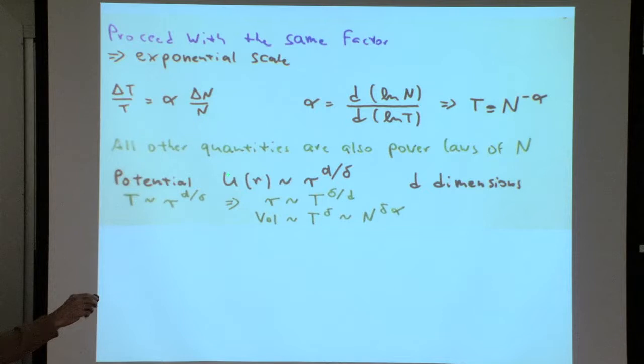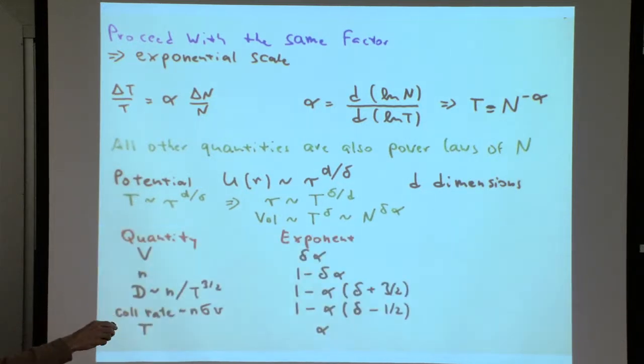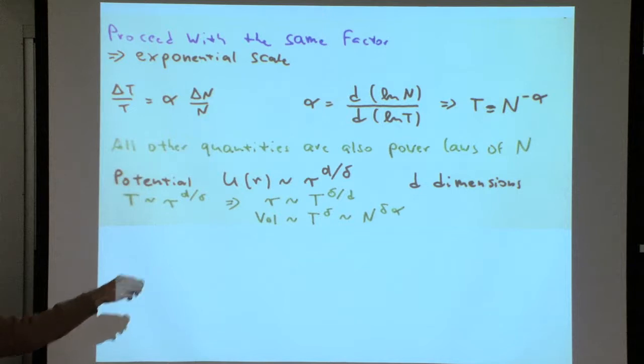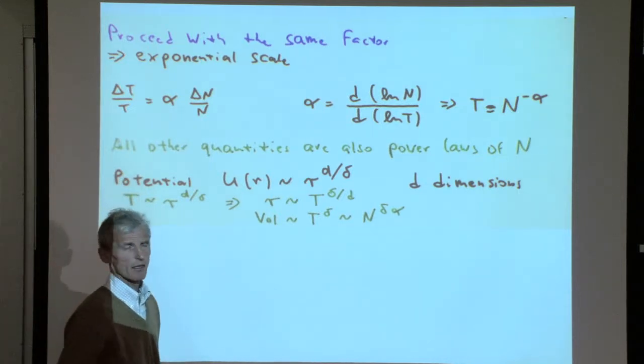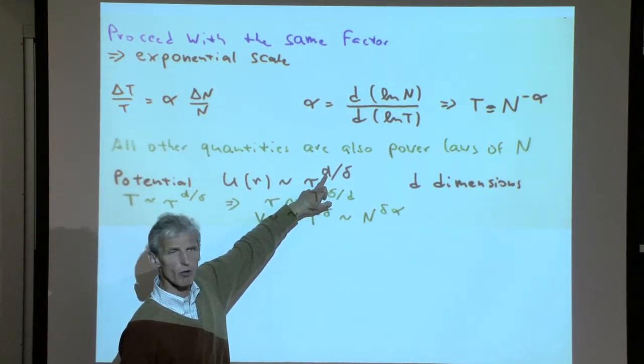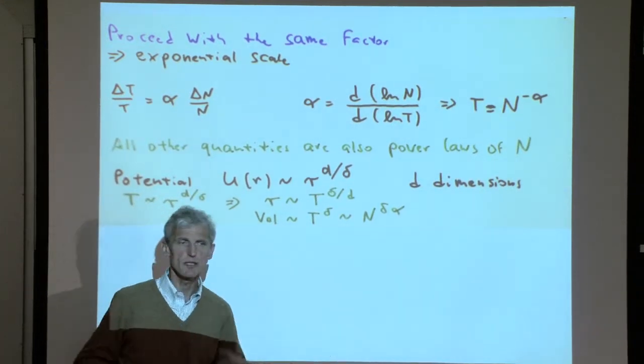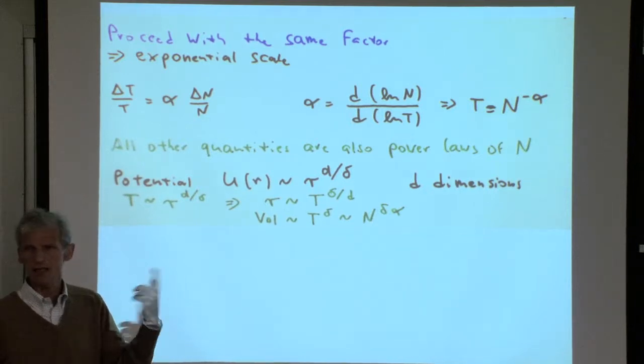Let me just assume we are in a potential, and we have d dimensions. If you have a harmonic oscillator, it's r squared. If you have a linear trap, it's r to the 1. And for simplicity, I took d, the number of dimensions, out. So you choose delta to get a 1D, 2D, or a harmonic oscillator or linear potential.